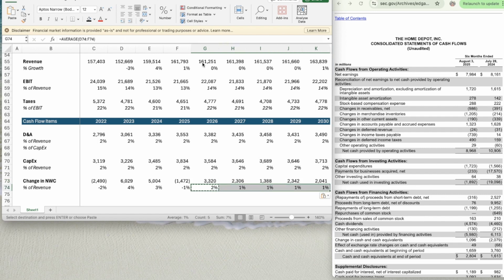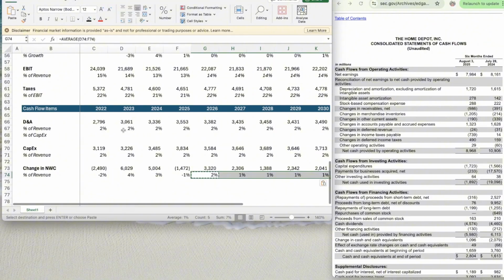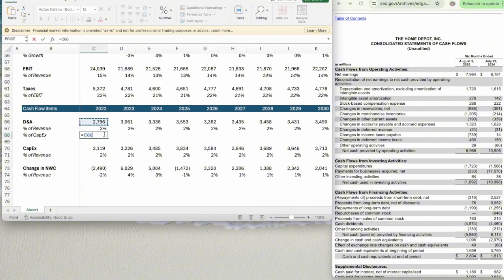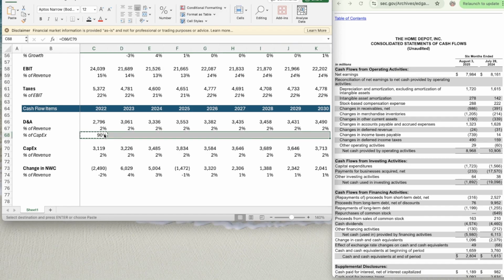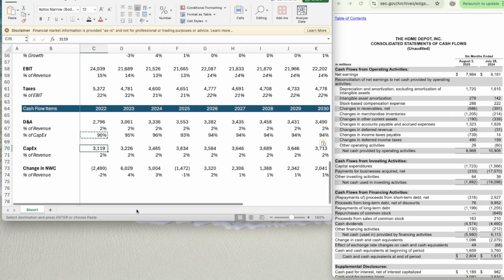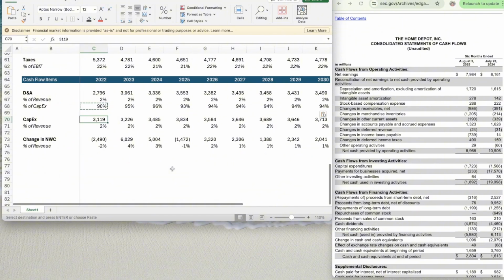There we go. Looks good. Yeah, and also it's good to sometimes know what the percentage of depreciation and amortization is relative to capex. So that's what they're roughly. I mean, roughly in line.